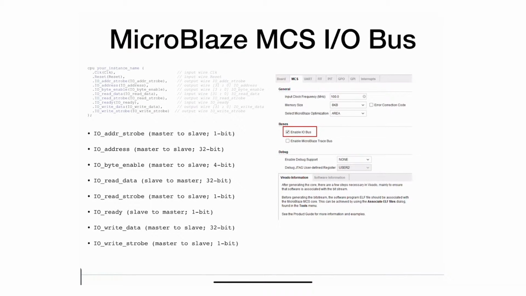All of them are called I/O, so I'm just going to call the name. First is the address strobe. It's 1 bit, and it goes from the master to the slave. Its purpose is to let the slave, or the I/O core, know that the address on the address line is good, meaning the processor has finished putting all the bits on the address bus.